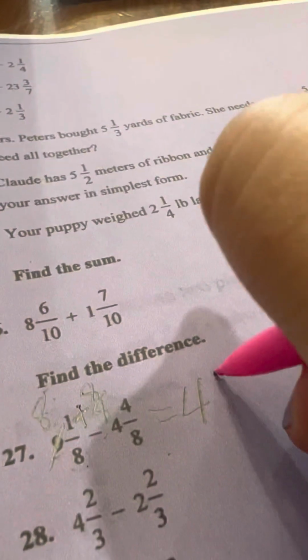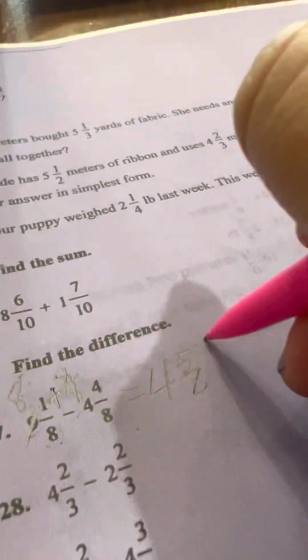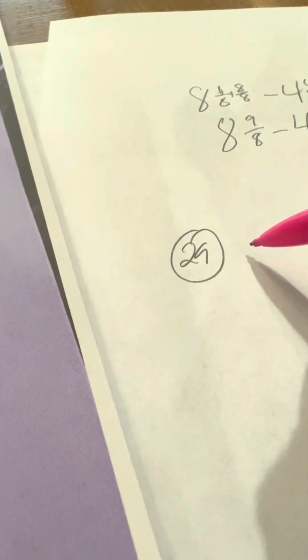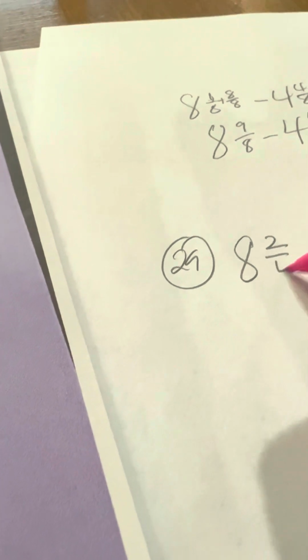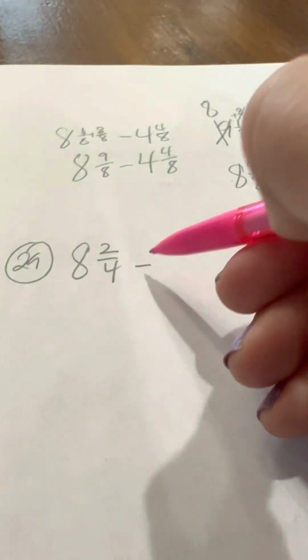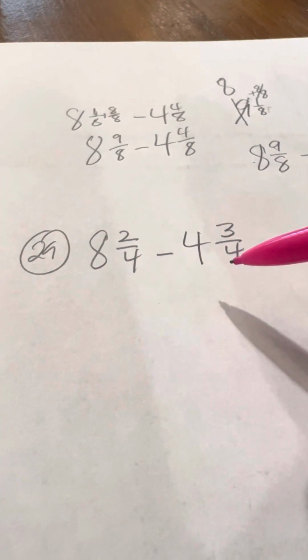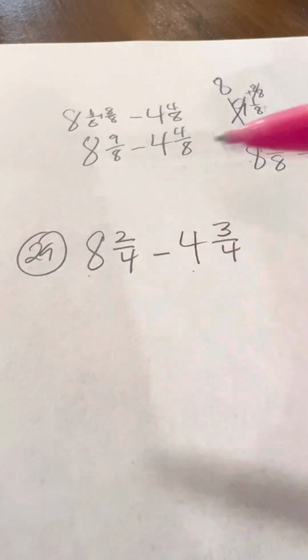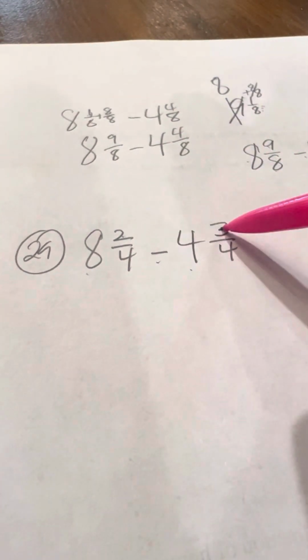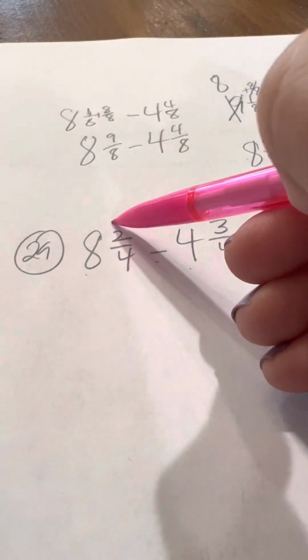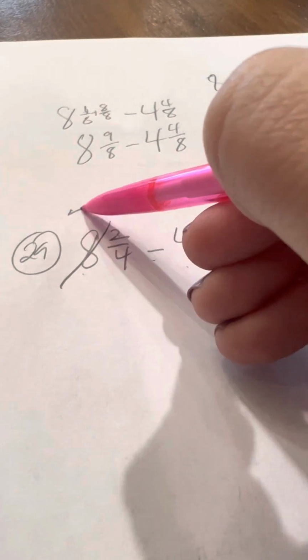Okay? All right, my girl. That's how you borrow. So anytime you take 1 from a fraction, you must give it back in fraction form. We're going to do another one of those. We're going to do number 29 too, okay? So let's see. 29, we've got 8 2/4 minus 4 3/4. Here we go. Can 8 subtract 4? Yes. Can 2 subtract 3? No. So I have to borrow from my 8. It becomes a 7.